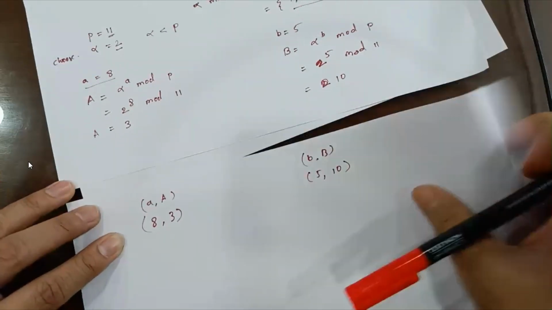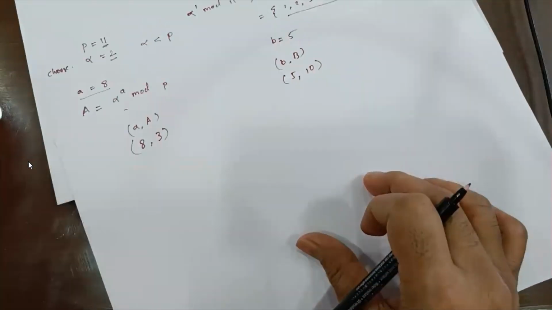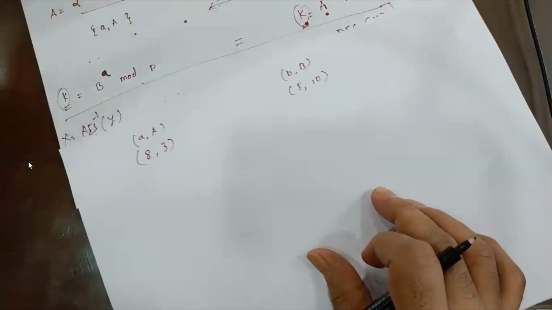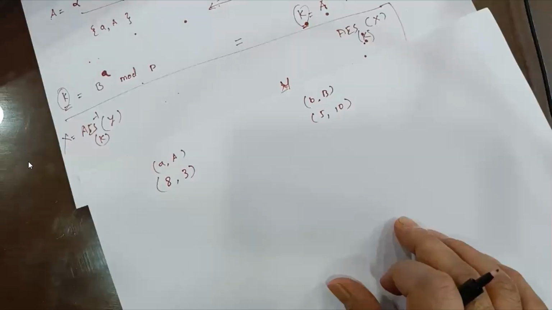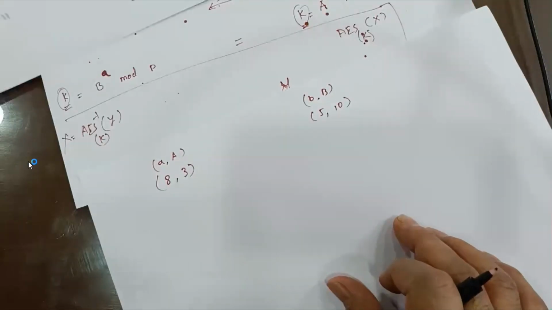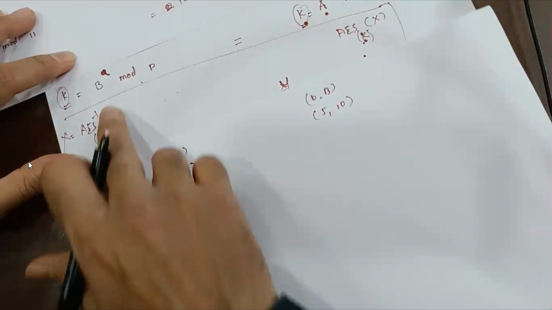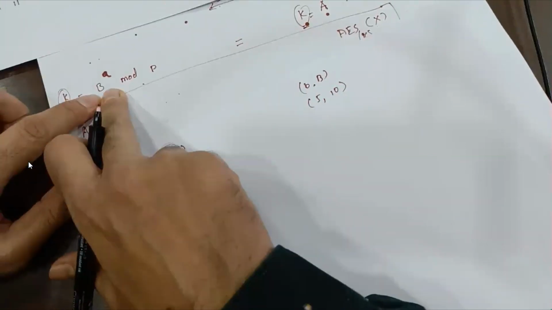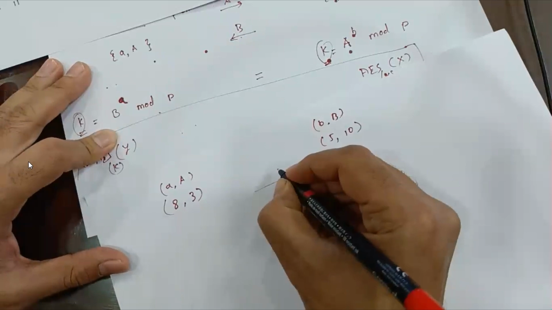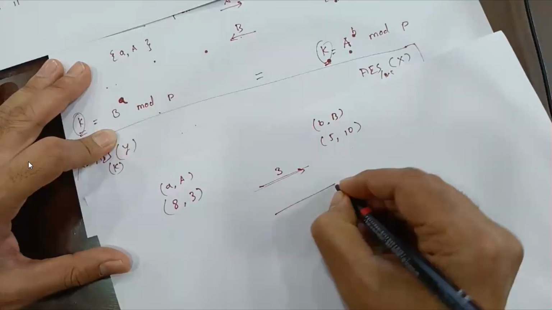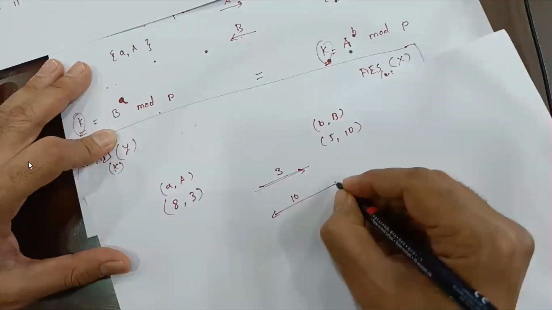Now what we have to do is share the public key with the other user. So what is the public key you are sharing? 3 will be shared with Bob and 10 will be shared with Alice.